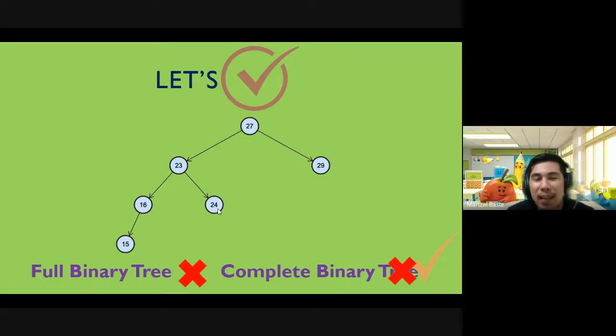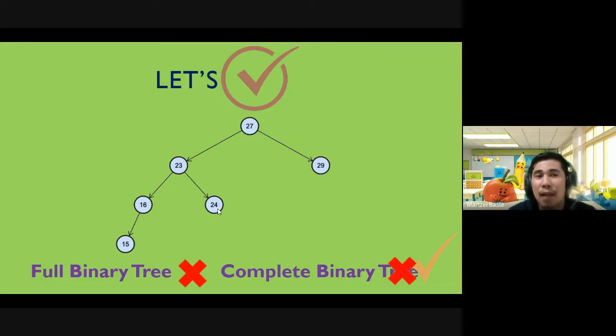Dapat all levels are filled with nodes. Bahala ang nodes isalay child basta nasa left. Pero dapat all levels are completely filled. Kaya siya complete. All levels are completely filled.